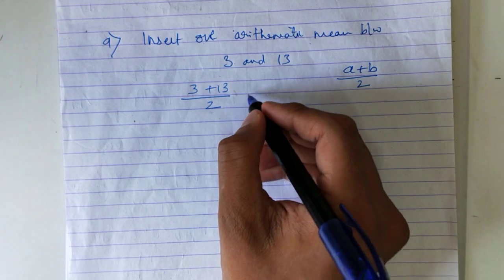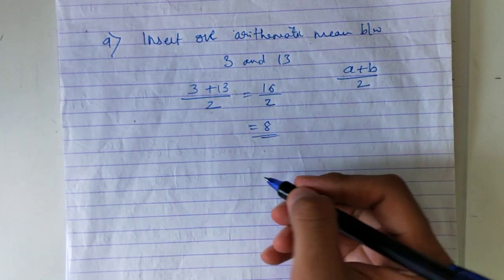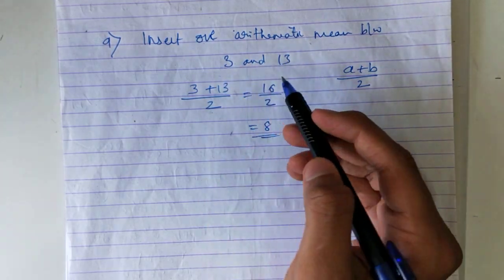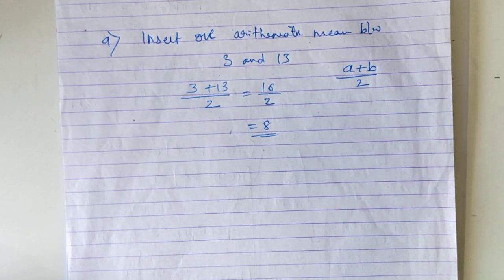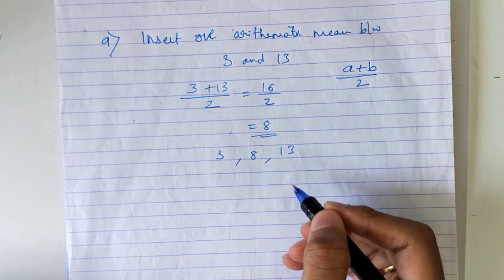So this will be 16 upon 2, that is 8. So 8 is the arithmetic mean between these two. So basically, the arithmetic mean between 3 and 13 is 8.